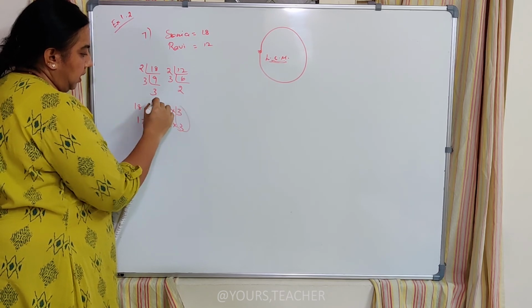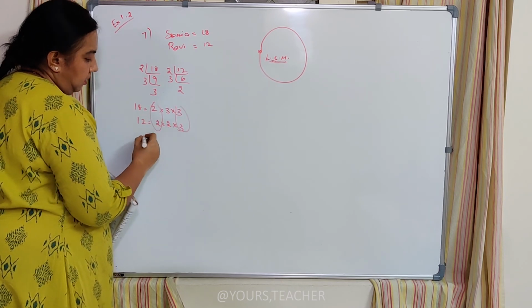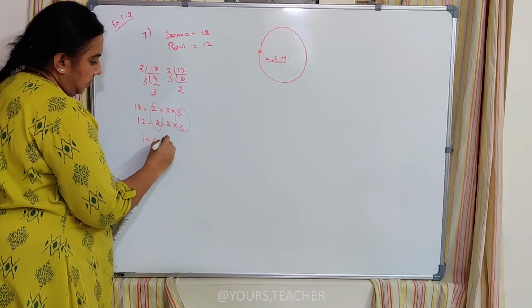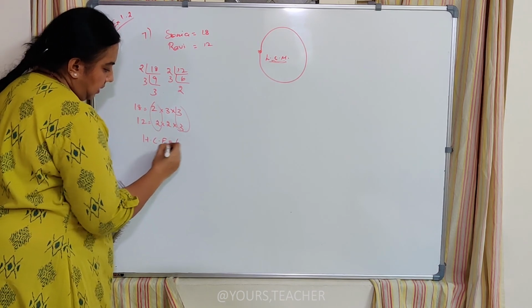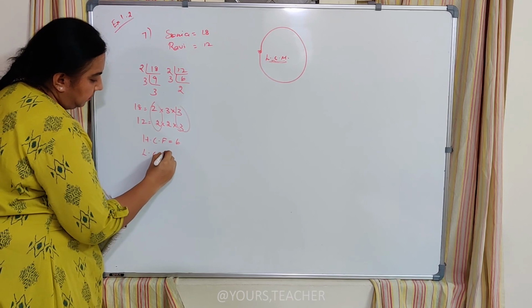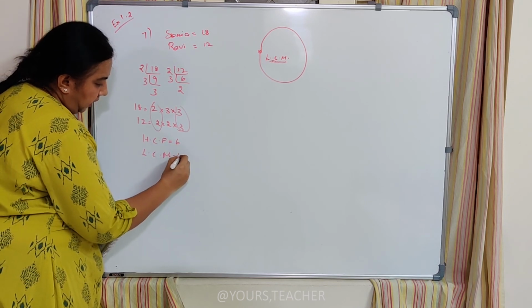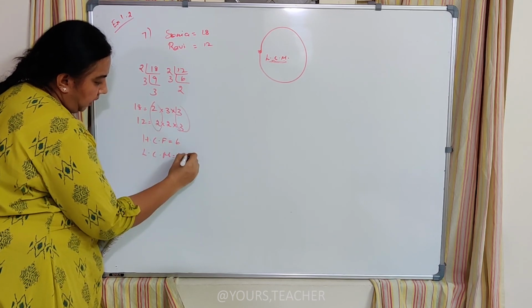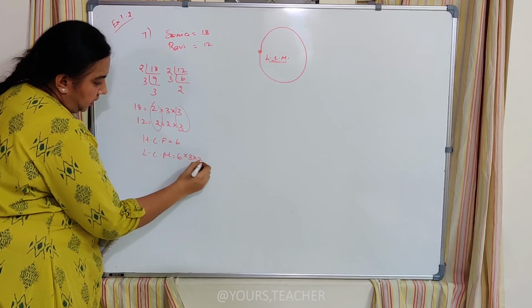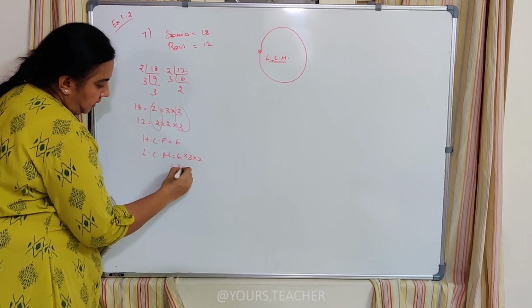The common factors are this 2 and this 3. So HCF is 2 threes are 6, and the LCM is the 6 along with the remaining numbers, which I multiply again. 6 into 6 is 36.